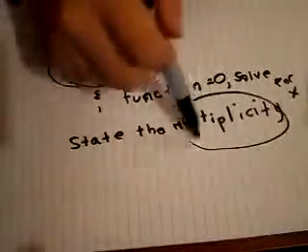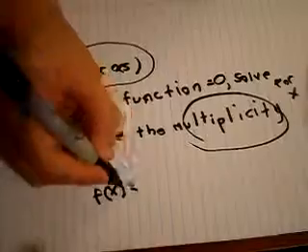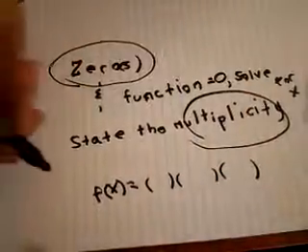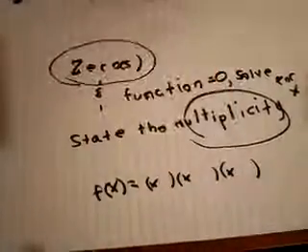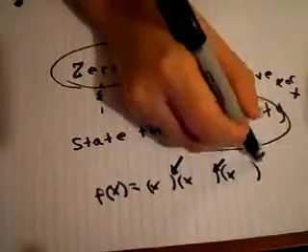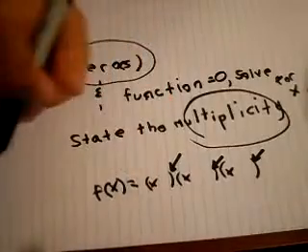The multiplicity is after you have it factored, something like this. Multiplicity would be the exponent on the factor, if this is a single x here.